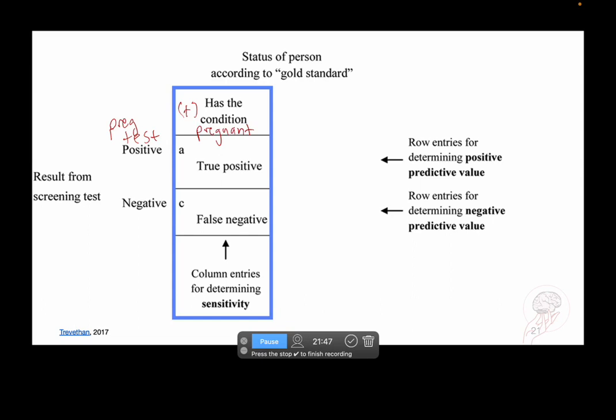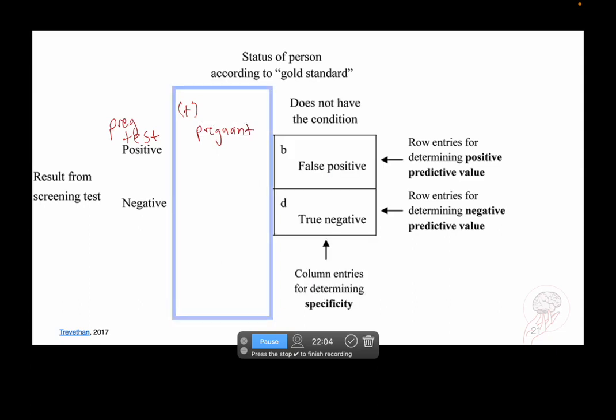Even if that lady doesn't want to be pregnant, it's good that she got a true positive because now the test is sensitive. If the person gets a negative, it's a false negative. The person really is pregnant, but the test is saying it's negative.